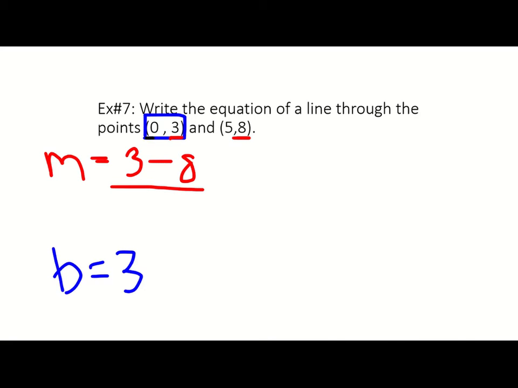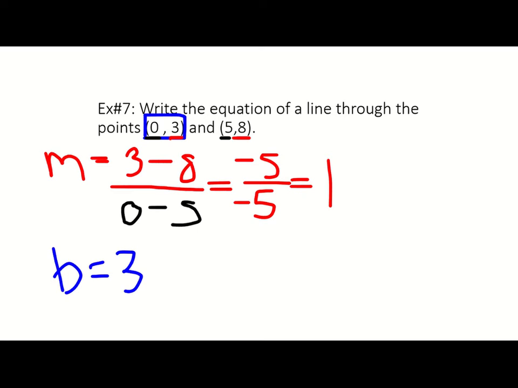So I'm going to start in the first point, the x is 0, minus the second point, the x is 5. And I'm going to simplify this to figure out that my slope is 3 minus 8, or negative 5, over 0 minus 5, or negative 5. Negative 5 divided by negative 5 is 1.